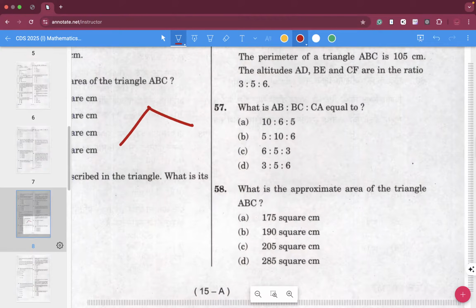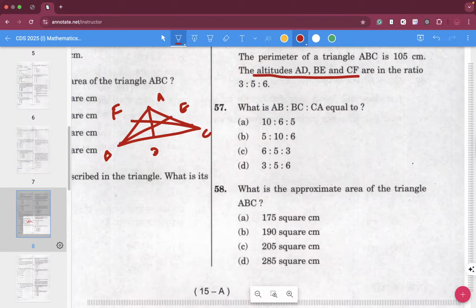This is the triangle ABC. This is AD, BE and CF; these are the altitudes, which are perpendicular. Now, the area of the triangle in all the cases will be the same, isn't it?